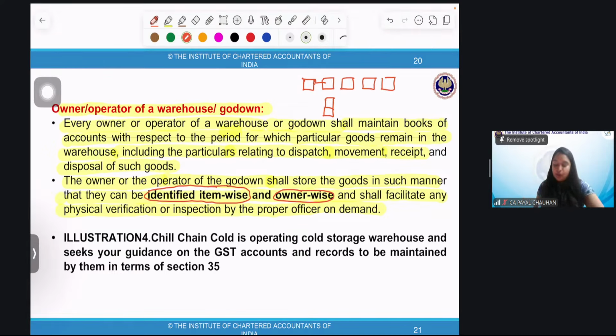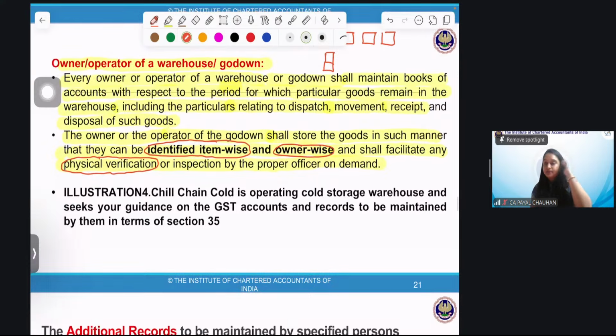Perfect. Now, when we started with the class, it had something to do with physical verification. Can anybody tell me, under GST is there more of physical verification or document verification? We have more of document verification. Very good.